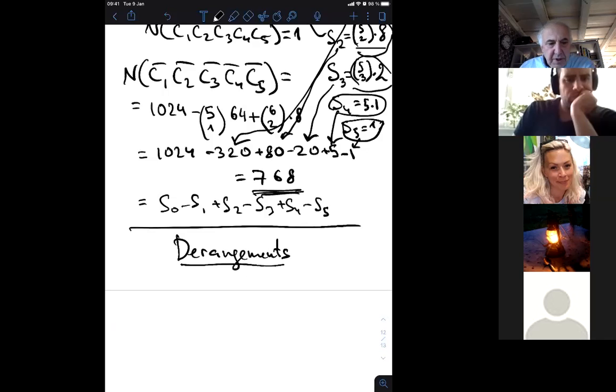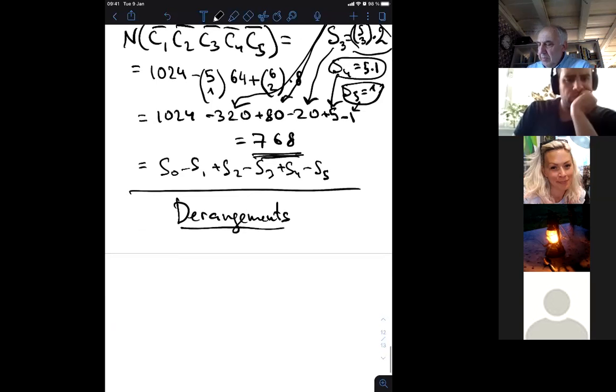Okay, derangements are a certain type of permutations. They appear apparently in many applications. And let us try to enumerate them. Well, first of all, I'll explain what those are. And we'll try to find first a non-closed formula for those, and then we'll try to find a nice asymptotic formula for those.